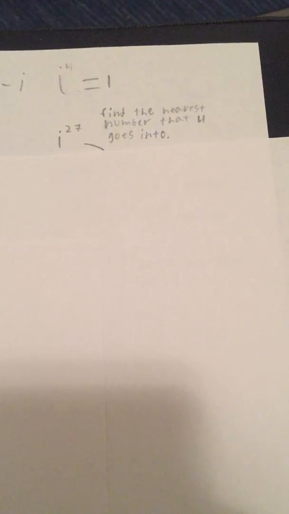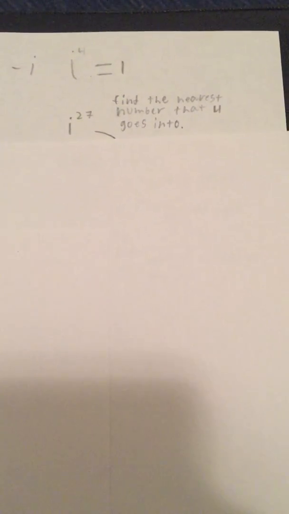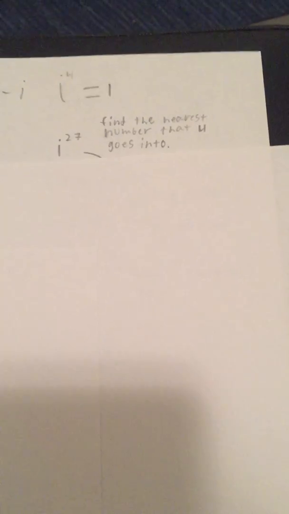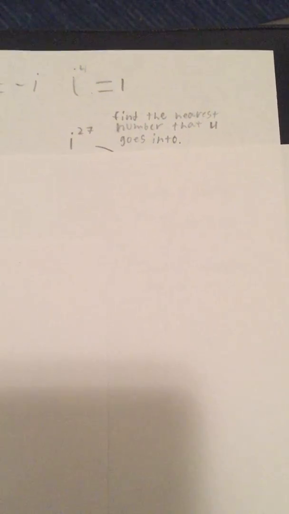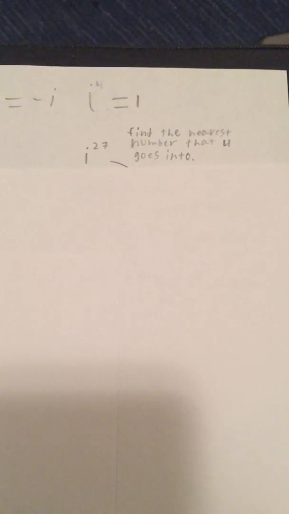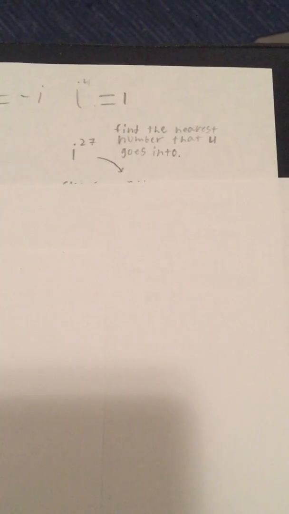Powers of i also go into i to the 27th. This is just an example of the powers of i, but let's solve it. To simplify i to the 27th, we have to find the nearest number that is divisible by 4.